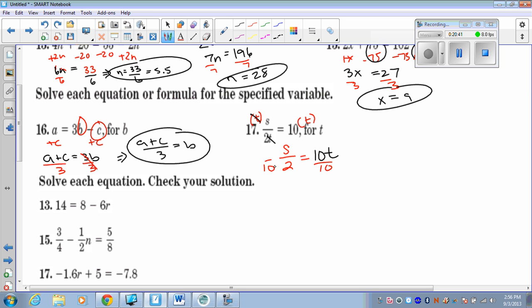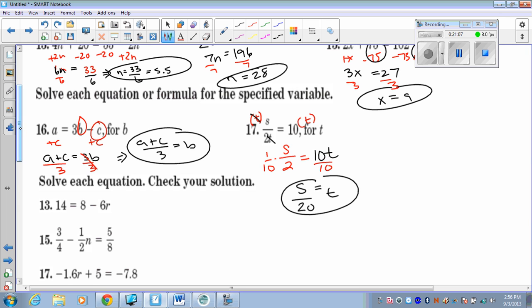Notice when I divide this side by 10, dividing by 10 is really the same as multiplying by 1 over 10. So really now I'm just going to split this 10 in the denominator with the 2. And I get S over 20, 10 times 2 is your 20, equals T. So we got T by itself.